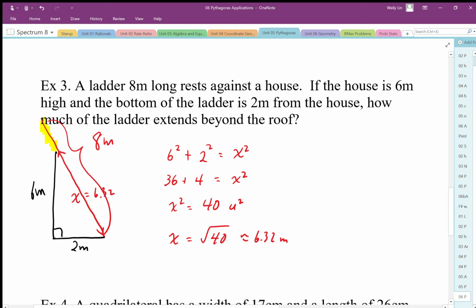That makes the length that I'm looking for, the piece that extends beyond, 8 minus 6.32, which gives me 1.68 meters. So 1.68 meters extends beyond the roof.